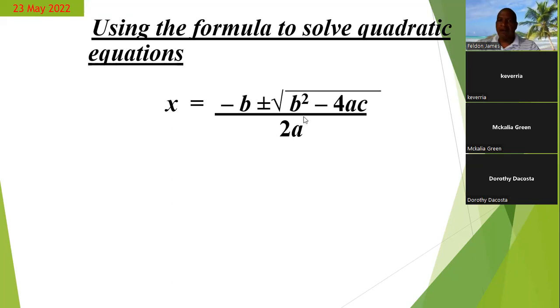Now, if you notice in the formula, you have the letters B, A, and C. When you go back to the general form of a quadratic equation, remember that the quadratic is in the general form of ax squared plus bx plus c.